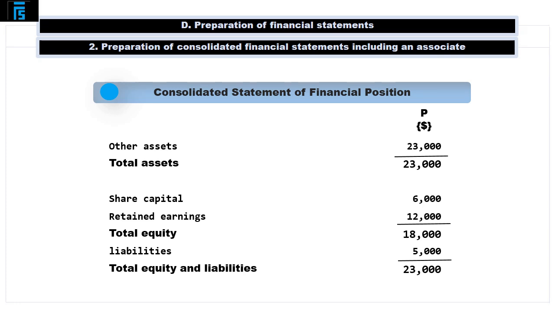The group retained earnings total derived in working 5 was €12,000, giving an overall consolidated equity balance of 18,000. Group liabilities are simply the sum of the relevant P and S numbers, producing €5,000, which brings the balance of consolidated equity and liabilities to 23,000.